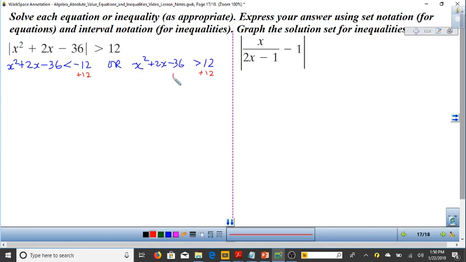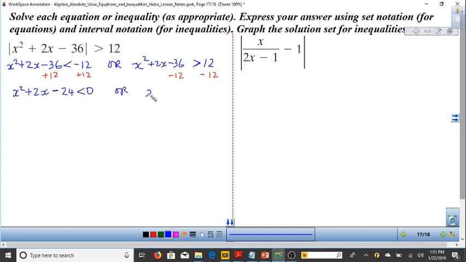We get them into standard form. So I'm going to subtract 12 from the right inequality, and I'm going to add 12 on the left inequality because of how they were set up. So we have x squared plus 2x minus 24 is less than 0.